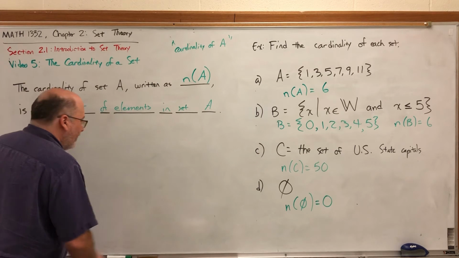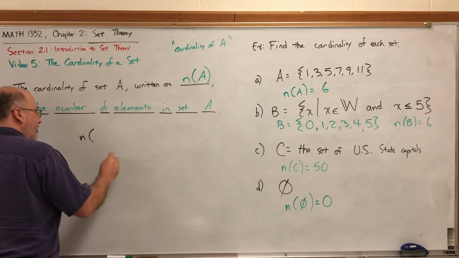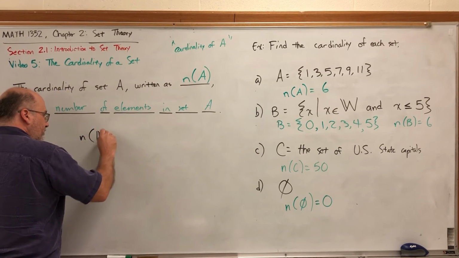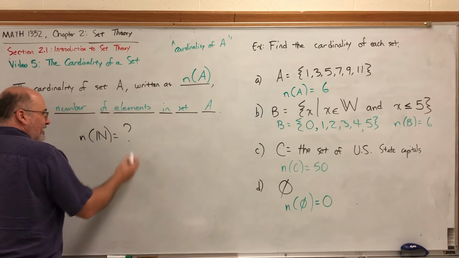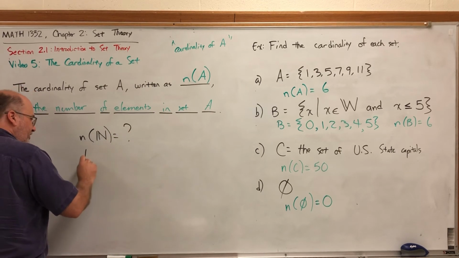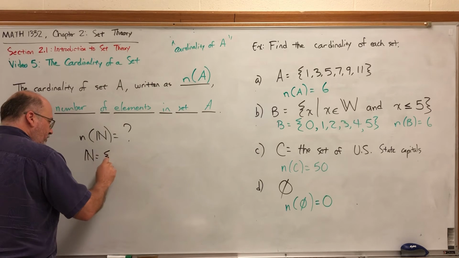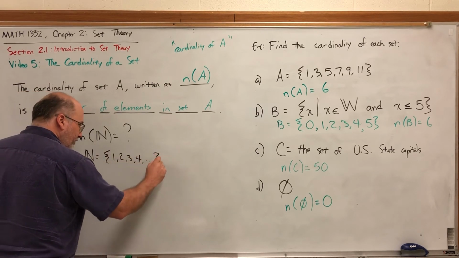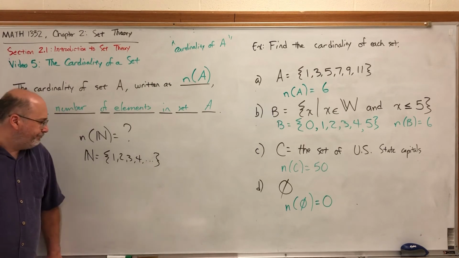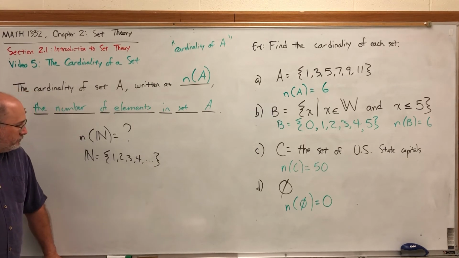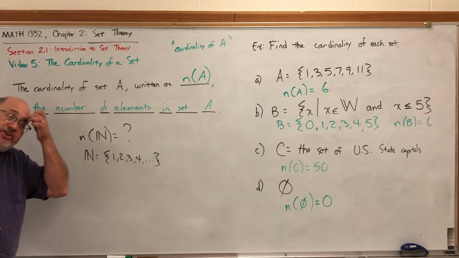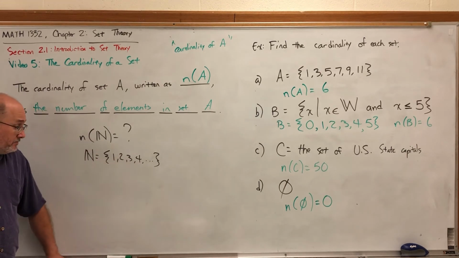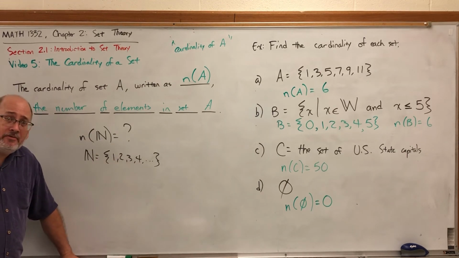What is the cardinality of the natural numbers? This is asking how many natural numbers there are. Recall that the natural numbers are 1, 2, 3, 4, and it goes forever. What would you say the cardinality of this set is? 1,000,000? 1,000,000,000?